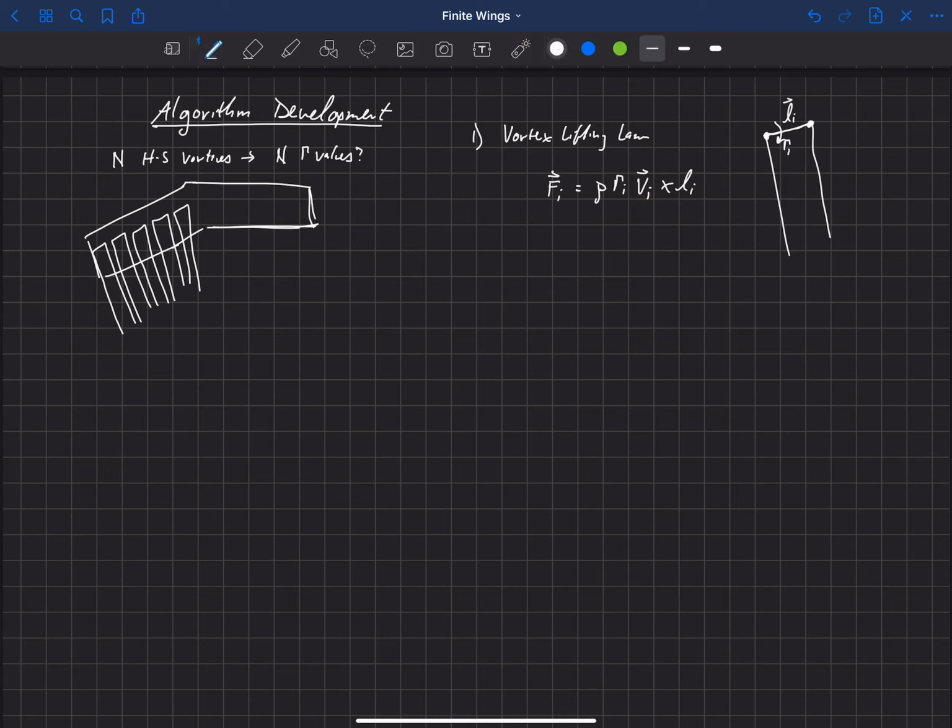So let's actually look at this from the side for just a minute. If we're looking down the length of that, we've got some strength, and then if we have some incoming velocity, V sub I, then the force that comes off of this vortex will be perpendicular to that.